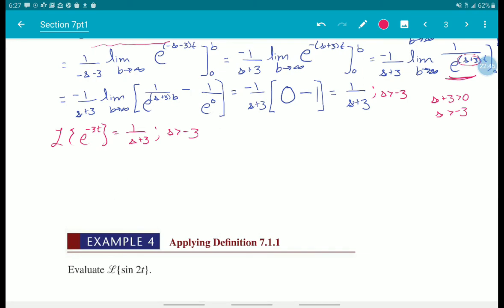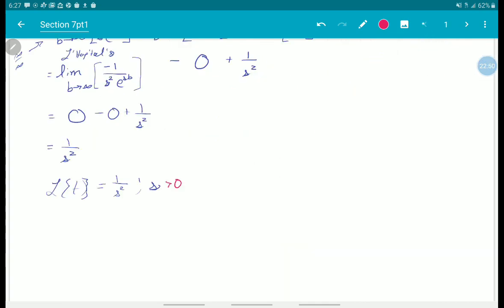So let's do another one. Let's look at part B. And I'm going to go back a page so I have more room to write.